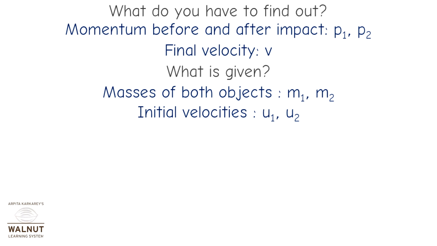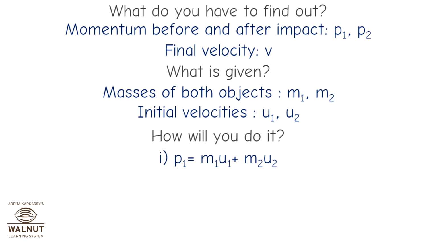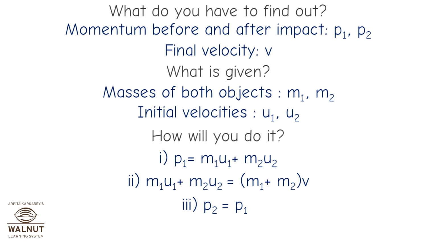Initial velocities u1, u2. How will you do it? 1. P1 is equal to m1 u1 plus m2 u2. And 2. m1 u1 plus m2 u2 is equal to m1 plus m2 into v. 3. P2 is equal to P1. Now, come on, solve it.